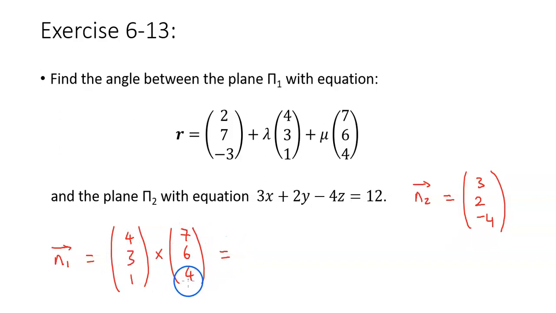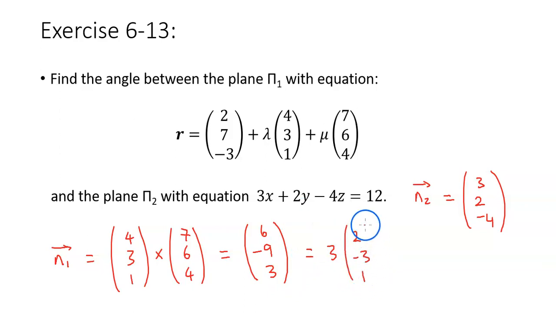So 3 times 4 is 12, minus 6 is 6, and then 7 times 1 is 7, minus 4 times 4, so that will be minus 9. And then 4 times 6 is 24, minus 21 is 3. And that's clearly the same as 3 times 2, negative 3, and 1.